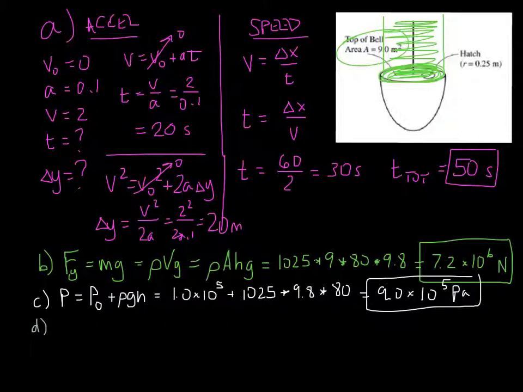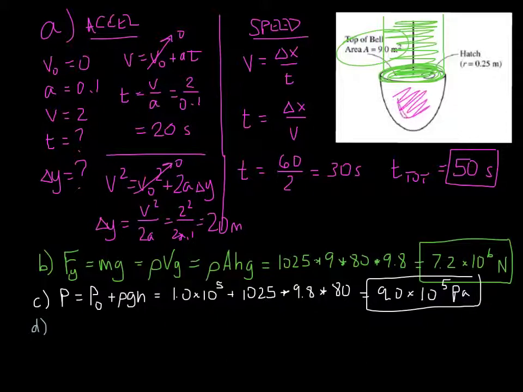For part D, on the top of the bell, there is a circular hatch of radius 0.25 meters. Calculate the minimum force necessary to lift open the hatch at that maximum depth. Well, this is where you have to take into account the fact that there is a pressure of 1 atmosphere inside the bell.